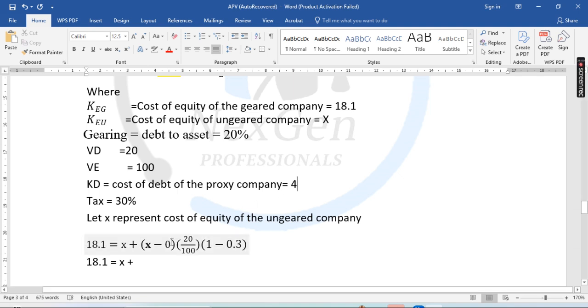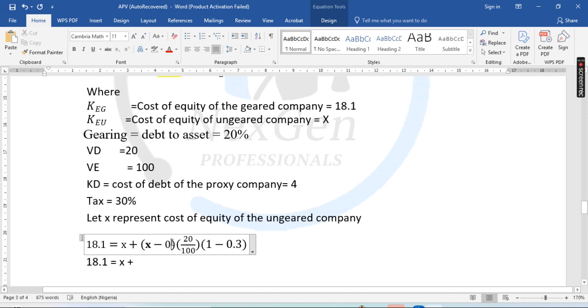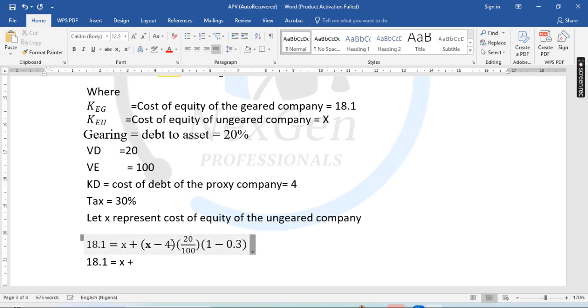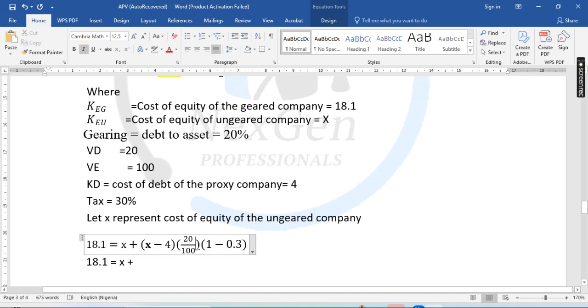That is 4. So therefore, we can come to this side. If you have questions, you can ask immediately after this. This is 4. So now we are using 20 to multiply. Okay, let me not use it this way so that it will not look confusing.